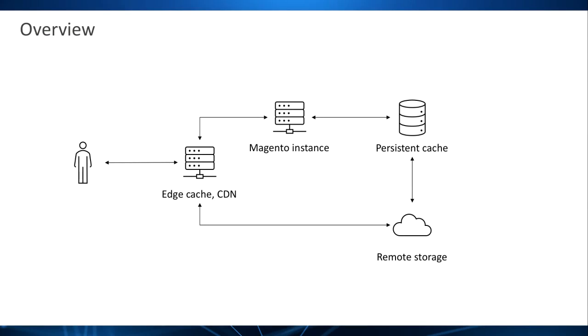Here I would like to show how the caching works on the edge cache with Nginx or Fastly. A request goes through the edge cache, then it goes through the Magento instance if the proxy is not configured, and then it goes to the persistent cache or the remote storage. This relates to the image itself.